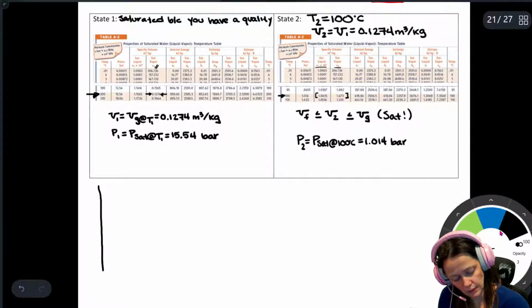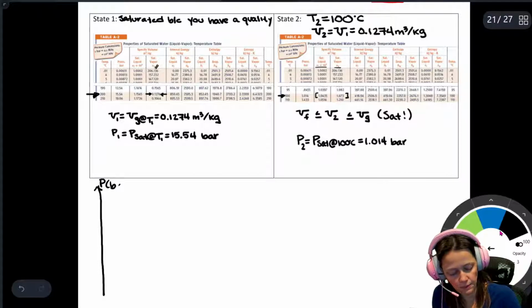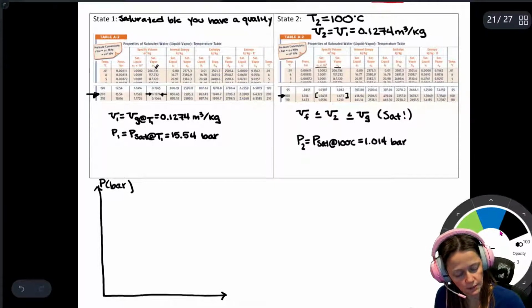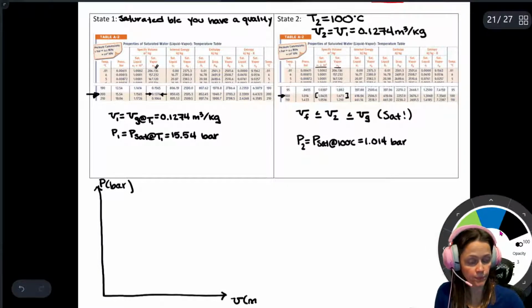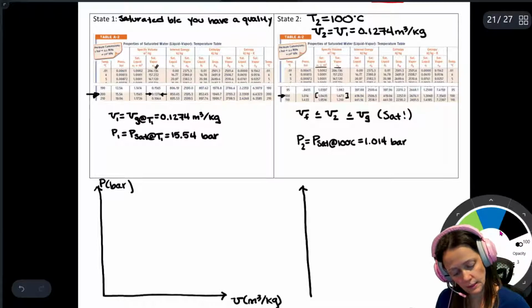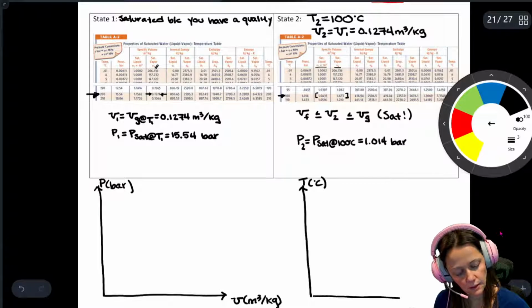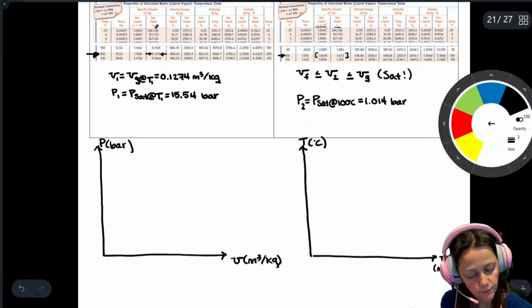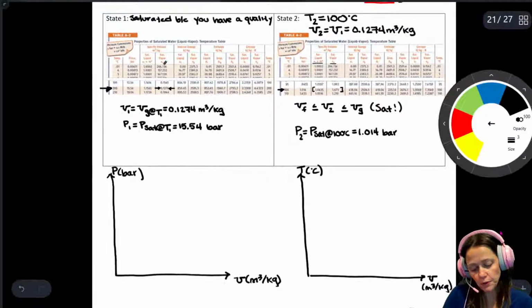So let's draw a diagram here. Pressure in bar, specific volume, and that will be our TV diagram. All right, so both phases are saturated.